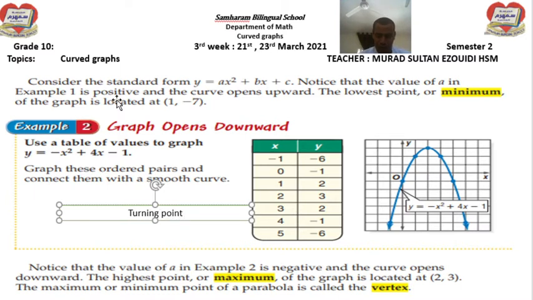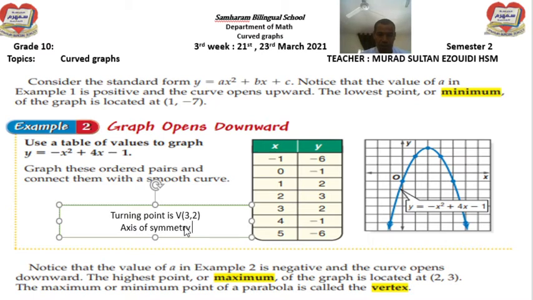It is labeled V, with coordinates 2, 3. And you can see the axis of symmetry. The axis of symmetry here, my learners, will be what? The axis of symmetry is x equals 2.